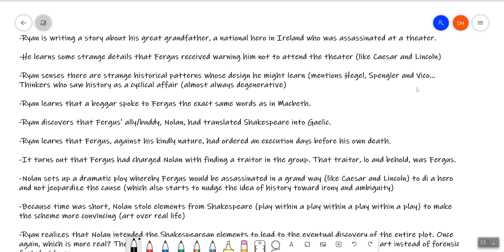Vico wrote a book called The Nuova Scienza, which is about cycles. All of these thinkers saw history as a cyclical thing and almost always degenerative. Okay, so history was always kind of moving down. I think he also mentions Hesiod, the Greek poet, who talks about the degeneration of the soul and how people, generation to generation, age to age, kind of decline.